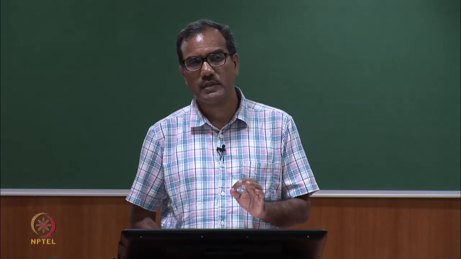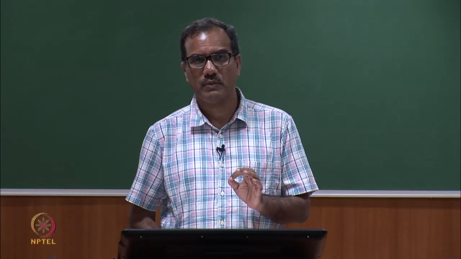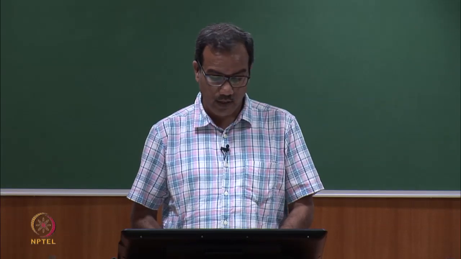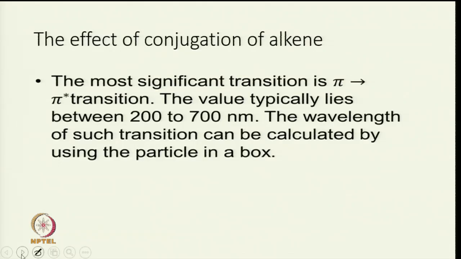In this lecture, we will discuss mostly the effect of conjugation, particularly in alkene kind of system. The most significant transition is pi to pi star transition in alkene, and the value typically lies between 200 to 700 nanometer. We can actually calculate the value of lambda, and the way we do is by using the particle in a box kind of system.